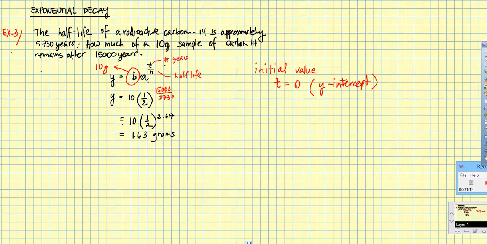so what we have is, using our formula, y is equal to b times a to the power of t over n. Now, here we have the formula for exponential decay. So this is my starting amount, 10 grams, is my value of b.